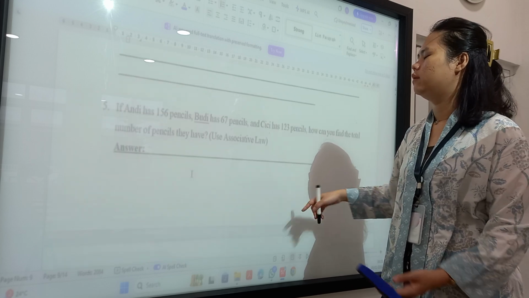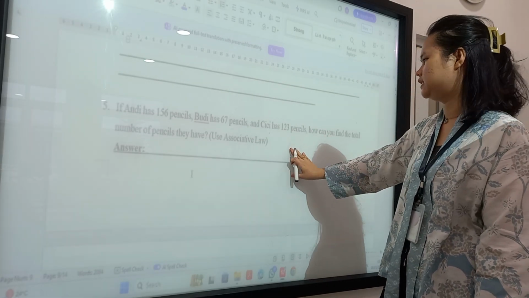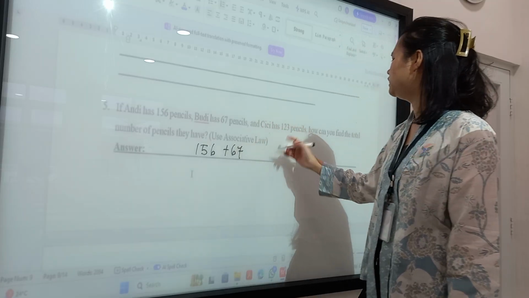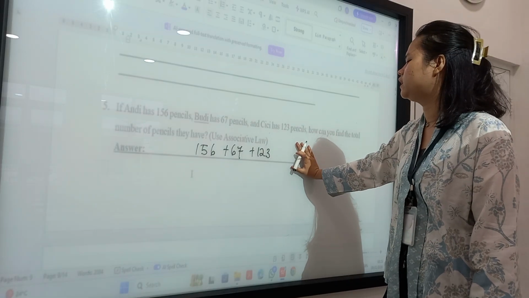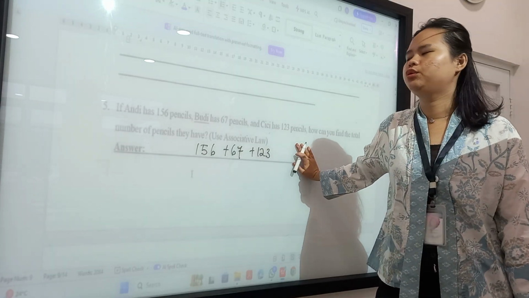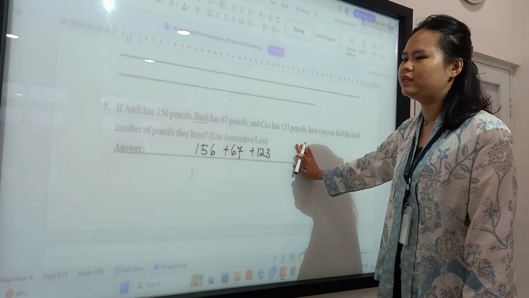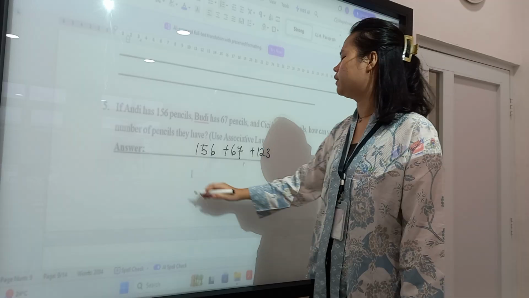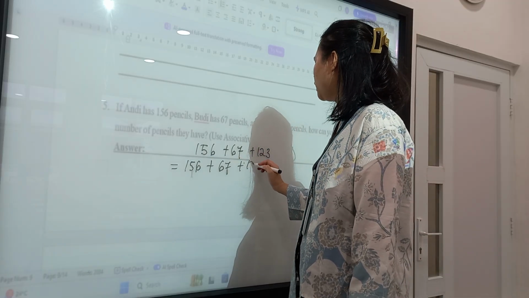So, question number 5. If Andi wants to buy 156 and Budi has 67, and then Cici has 123, how can you find the total? The meaning of associative is just grouping of the numbers, but it doesn't affect the result. It will be the same if we do the grouping from the first, or we can do it from behind. So later it will be 156 plus 67 plus 123.